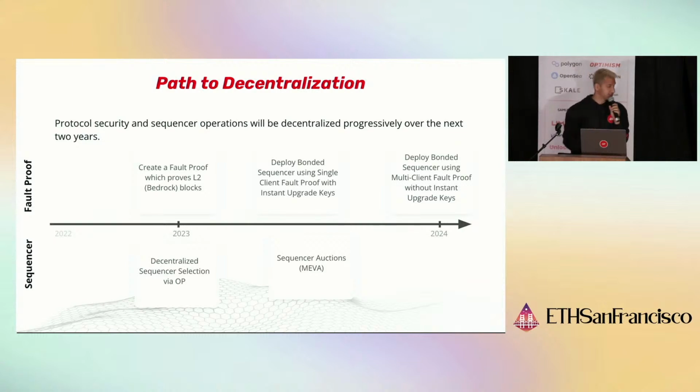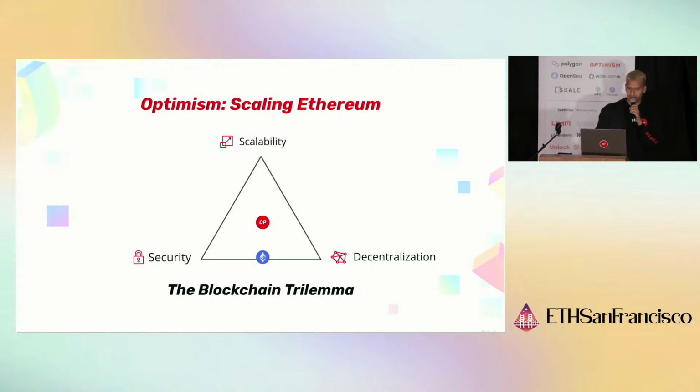Then deploy bonded sequencer using single client fault proof with instant upgrade keys. Sequencer auctions. These are works in progress. I wouldn't say it's hyper-finalized, but these are ways that we are currently thinking about it. And then by 2024, deploy bonded sequencer using multi-client fault proof without instant upgrade keys. And then we reach a world where we're a bit more decentralized and can look towards the future.